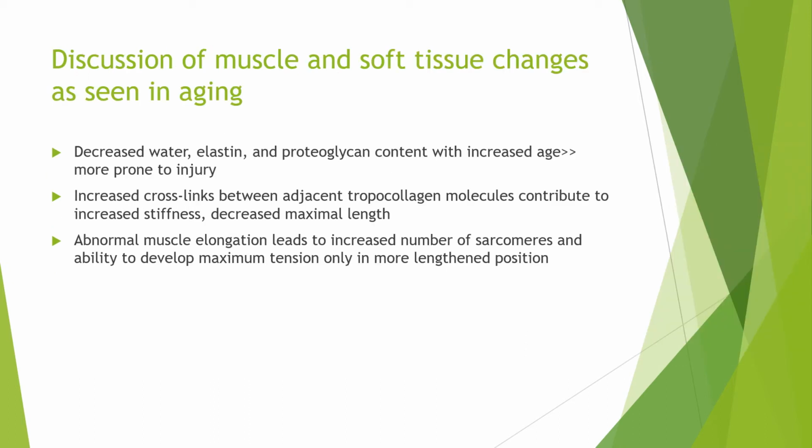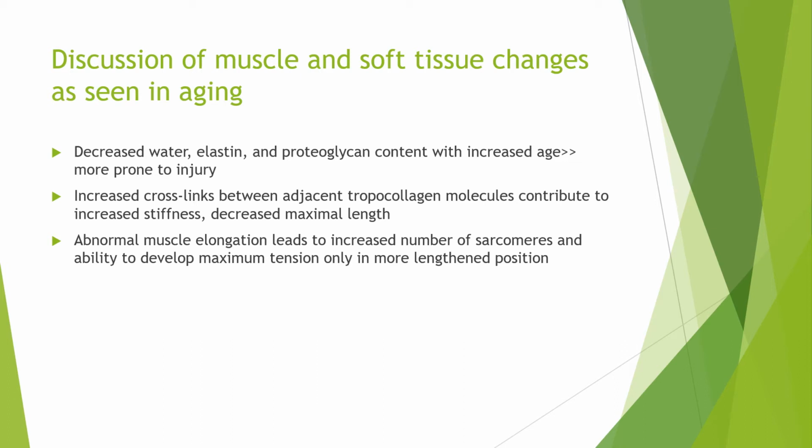Discussion of muscle and soft tissue changes as we see in aging. With aging, we see a decrease in the water, elastin, and proteoglycan content in our bodies. And with increased age, this leads to more possibilities of getting injured. We also see an increase in the cross-links between adjacent tropocollagen molecules that contribute to increased stiffness and decreased maximal length.